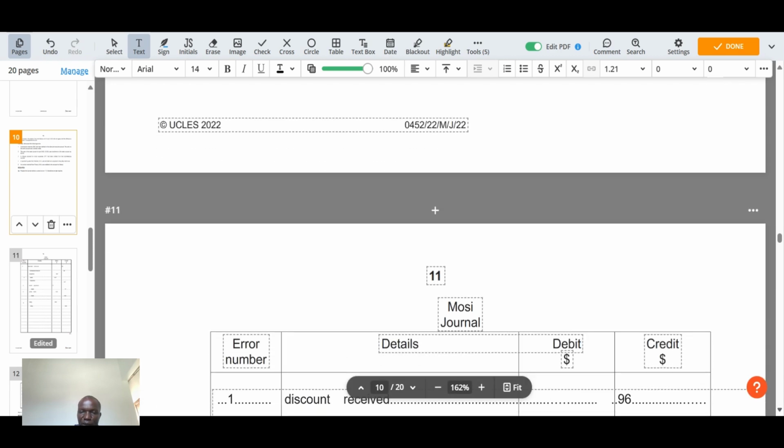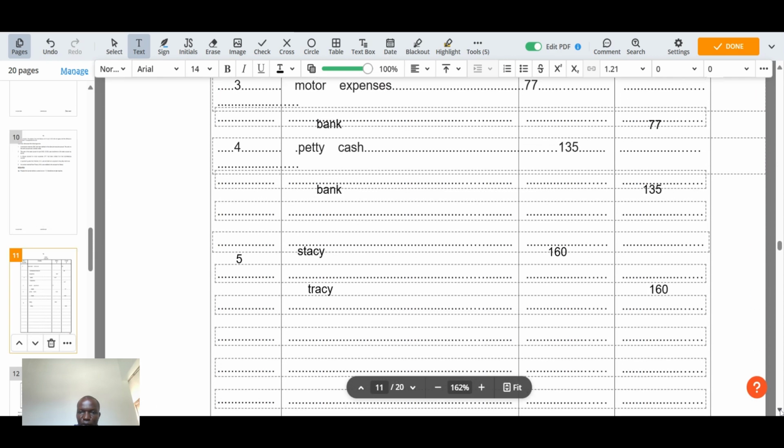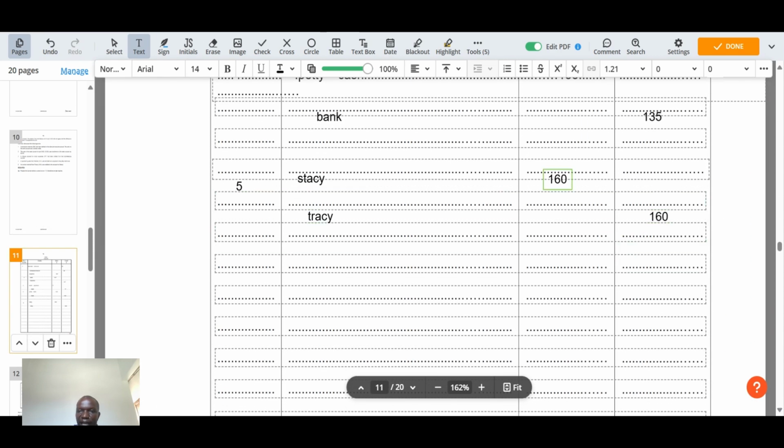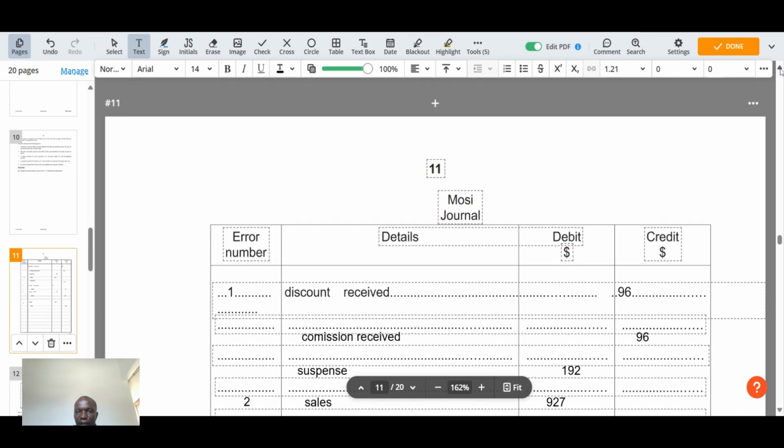So that is exactly what we have just done here in this account. So Stacy debited to correct the error, to eliminate the amount, and then we actually credited Tracy with 160. So I want you to know that it's the errors that actually involve suspense that are going to be transferred to the suspense account.